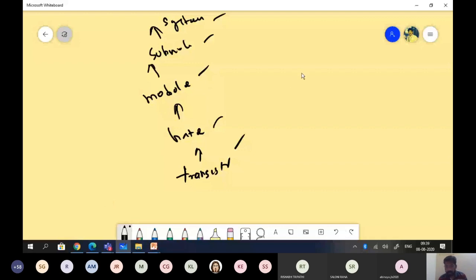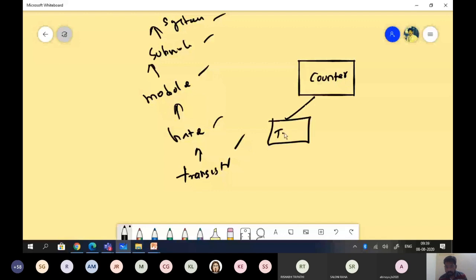That means in your HDL, for example, you have a counter. Now this counter again can be designed using T flip-flops, right? Again, this can be done using a D flip-flop and a NOT gate.